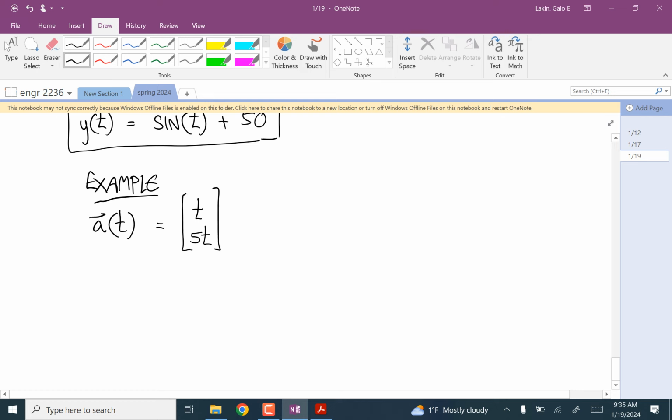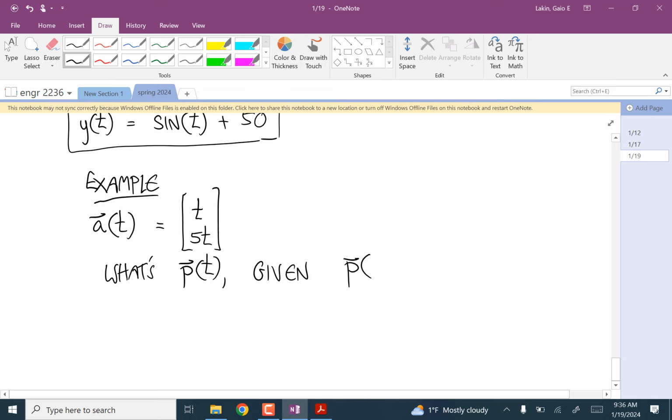So this is not a constant acceleration. It varies in time. And let's say we want to calculate the position vector as a function of time, given two things.